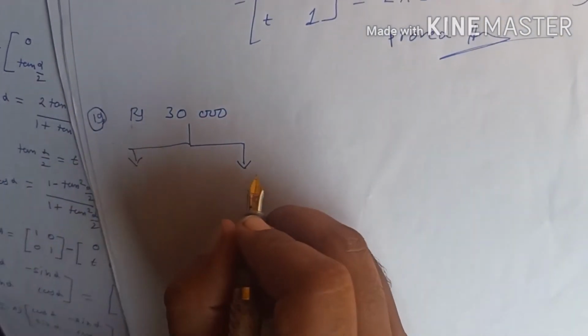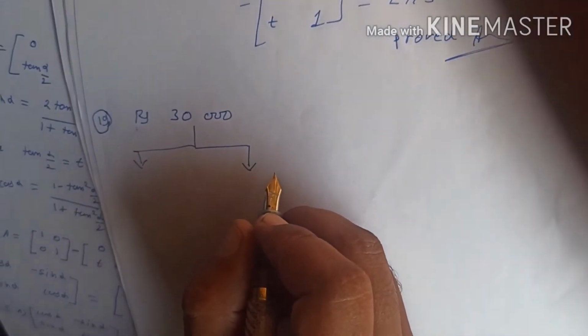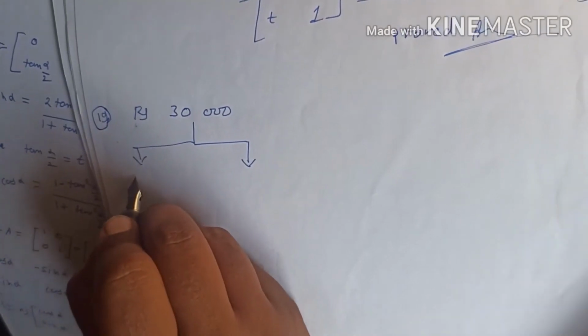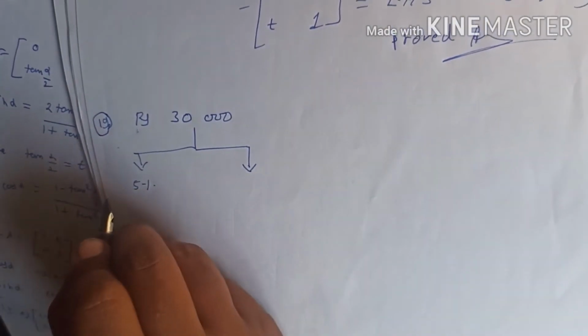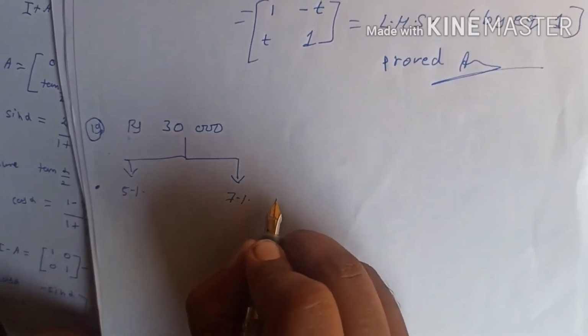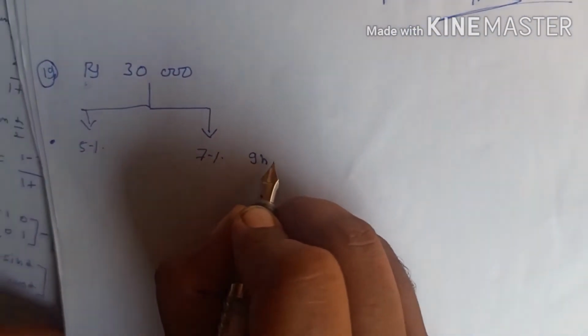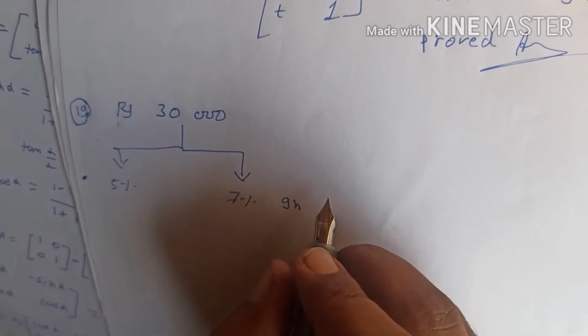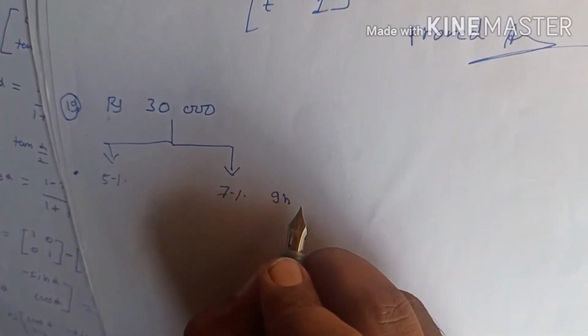What are those formats? The first bond pays 5% interest, and the second pays 7% interest.